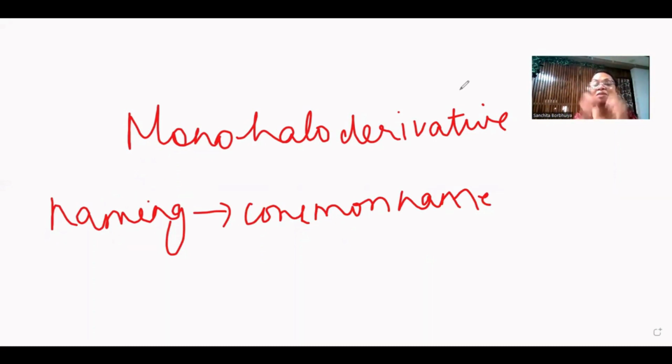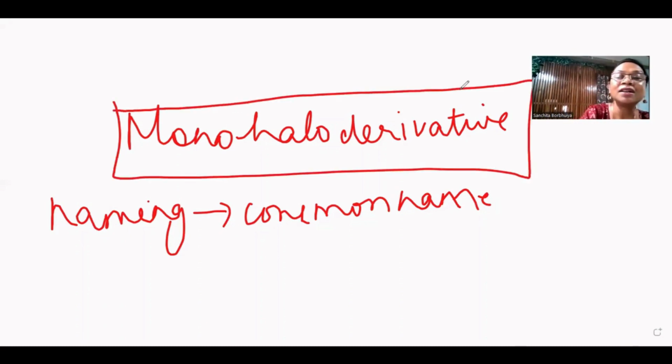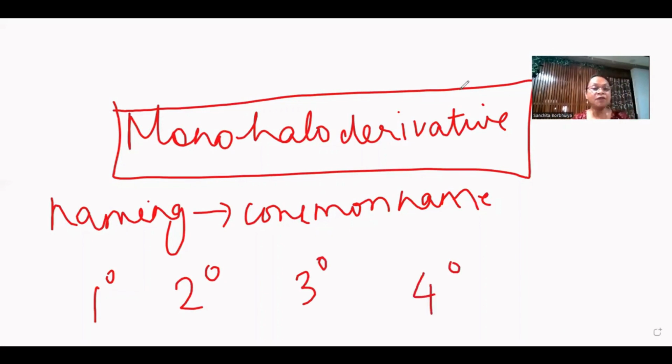Learning the common names, remembering the common names, and one chapter's common name is done means you have become mastered at least a little. Okay, so we have done the monohalogen derivatives, names of the compounds, and what names? Common names. Okay, so we have done what? 1-degree naming, 2-degree naming, 3-degree naming, and 4-degree naming in the form of iso, secondary, tertiary, that is third, and neo.